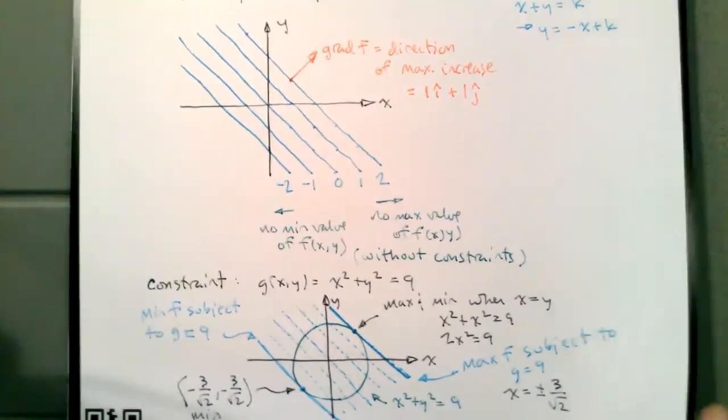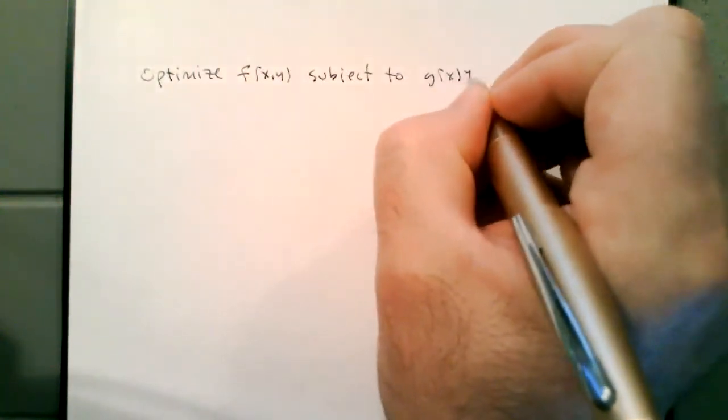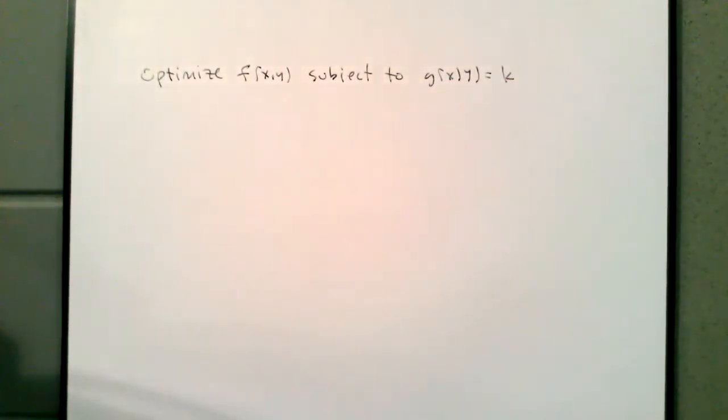So here's what we're going to be doing. If we want to maximize a function f subject to g of x, y equals some constant, I want the contours of f to be tangent to the curve g of x, y equals some constant.